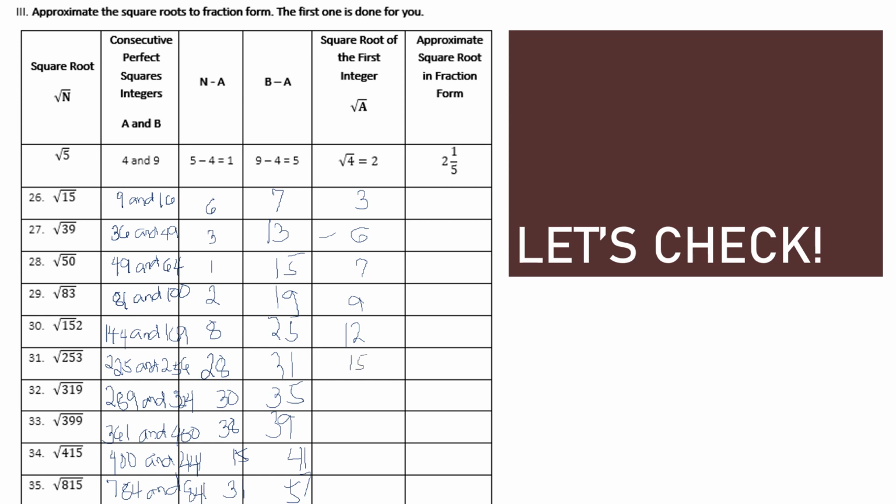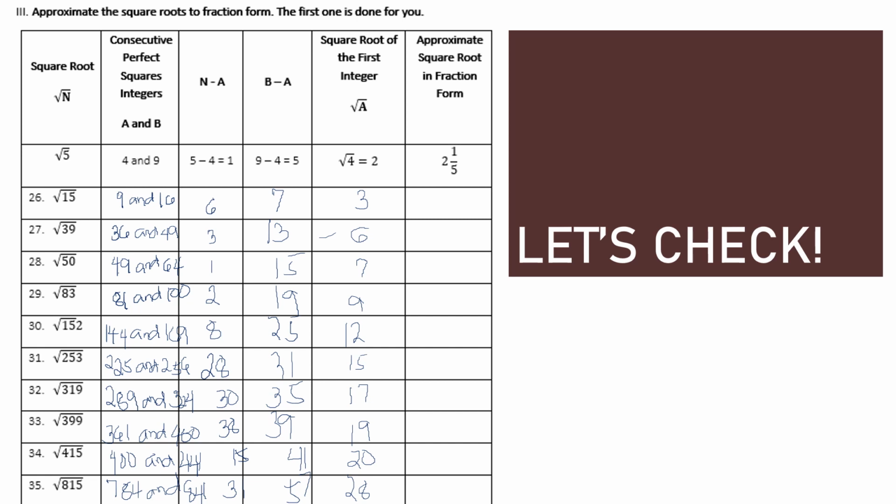Square root of 289, 17. Square root of 361 is 19. Square root of 420. Square root of 784 is 28. Alright. So we write them as fractions now.